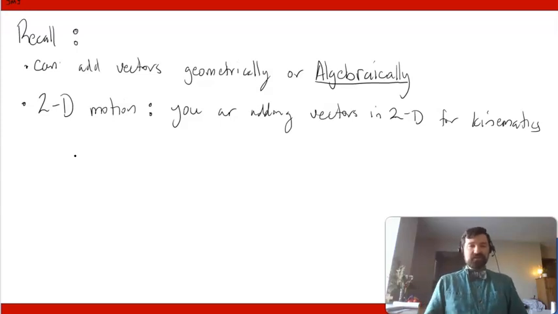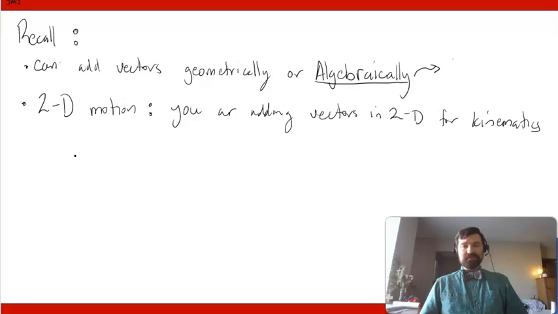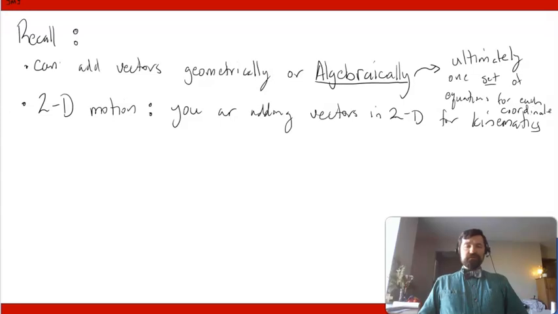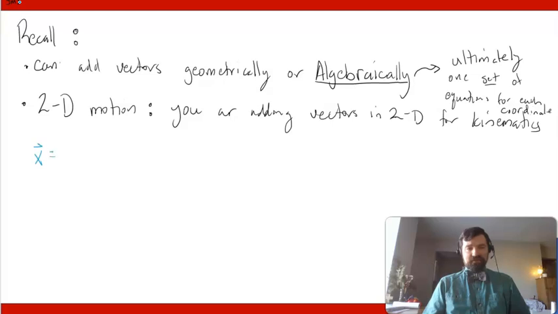One consequence of using the algebraic method is that you get more equations. So ultimately, one set of equations for each coordinate. That is, you'll have one set of equations for the x's and one set for the y's. So we expect to have, on the one hand, something that says x is equal to 1/2 a_x t squared plus v initial x t plus x initial, assuming of course a constant acceleration in the x direction.